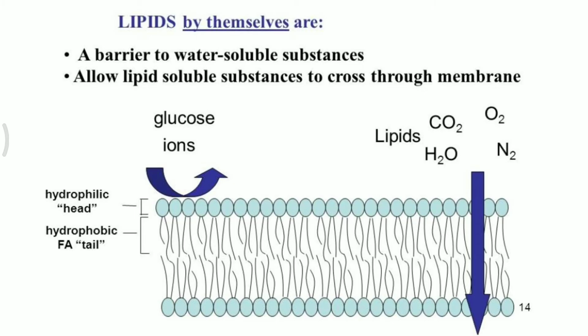Now let us see in detail the plasma membrane. What is the structure? We know that it is a bilayer or bilipid layer structure. In a lipid bilayer structure, we see that a barrier is present. A barrier to water soluble substances is there, and these water soluble substances cannot pass through the lipid bilayer.